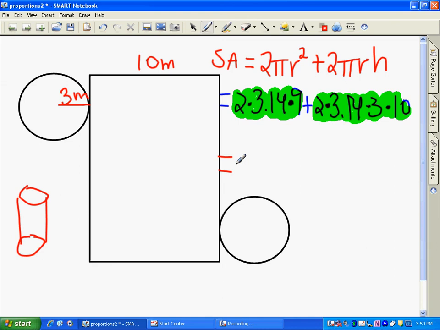All right, this side is 56.52, plus, and then this side is 188.4. That doesn't sound right.